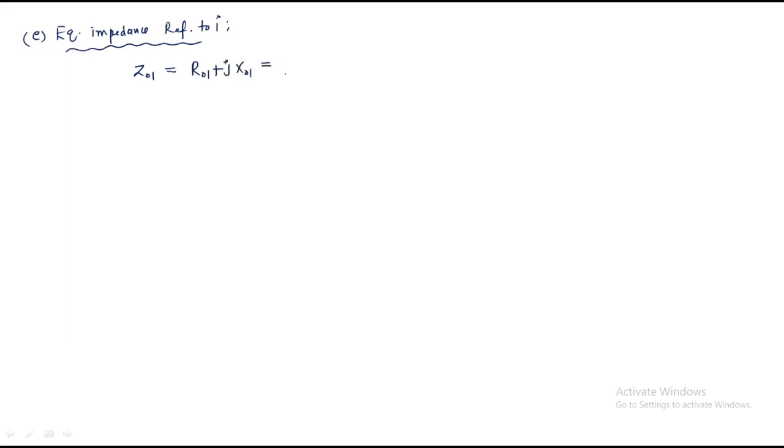So we all know the value of R01, 7.05 plus J into 11.2. From this we are going to get 13.23 at an angle 57.81 ohms. Okay.